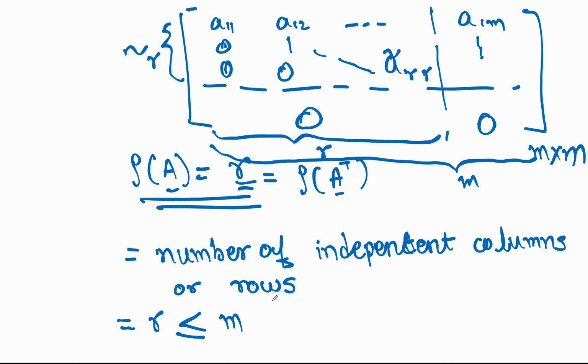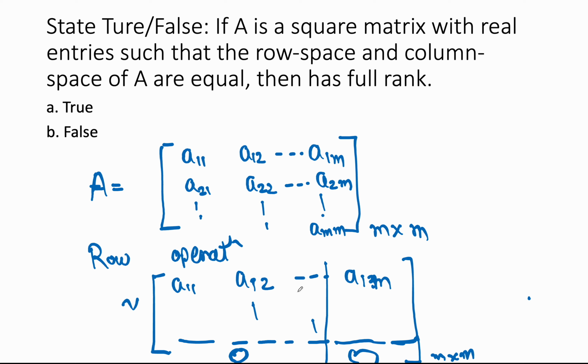Okay, so we'll come to the question. If A is a square matrix with real entries such that the row space and column space of A are equal, so I will write that here.